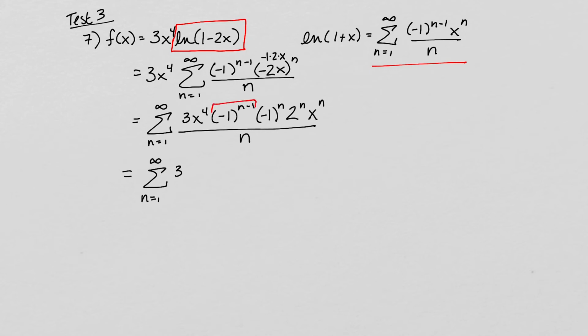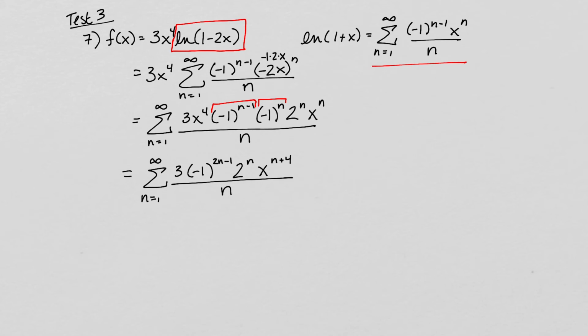I have negative 1 to the n minus 1, and I have negative 1 to the n. So I could put them together as negative 1 to the 2n minus 1, because you have n minus 1 plus n, so that's 2n minus 1. I have a 2 to the n, and then I have x to the n plus 4, all over n. So that is a completely fine answer.